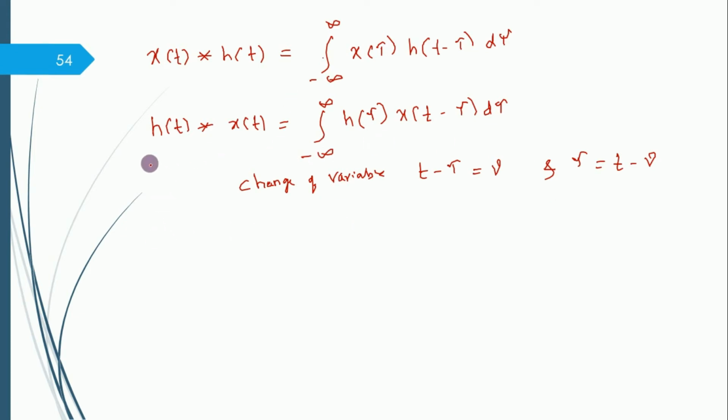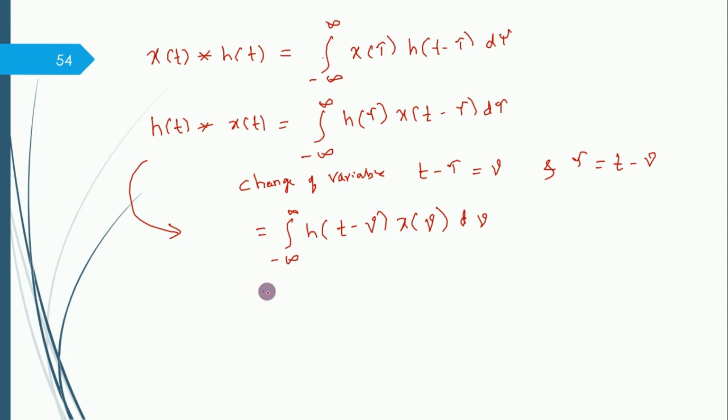This becomes integration from minus infinity to plus infinity h of, in place of tau I write t minus v, in place of t minus tau I write v. I have changed the variable from tau to v, hence I write it as dv.